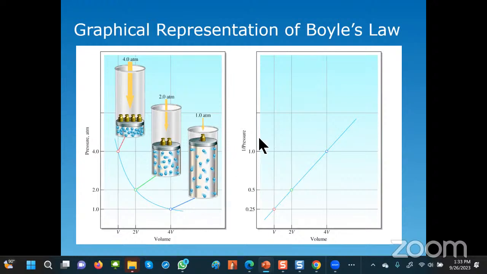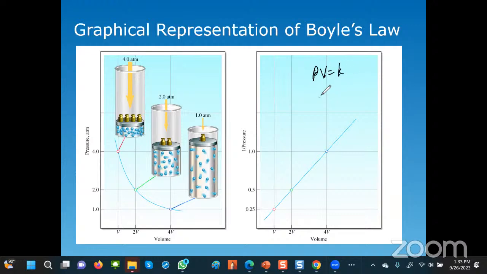Over here, we have a plot of 1 over pressure versus volume, and as you can see, that's a straight line plot. The reason why that is so is because, as we said before, pressure times volume is equal to a constant according to Boyle's law.